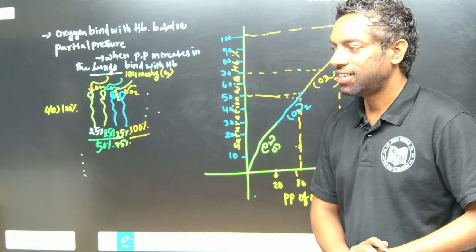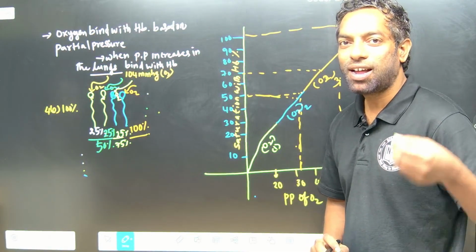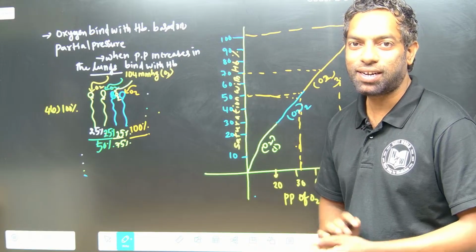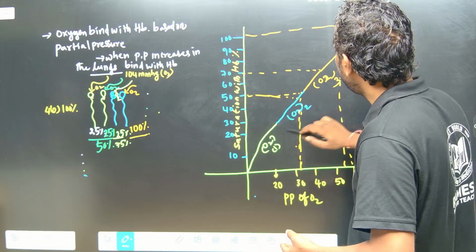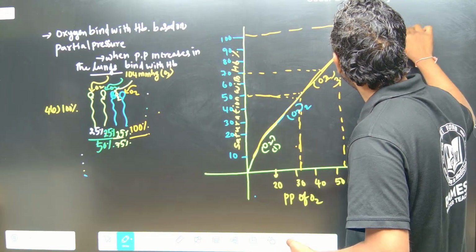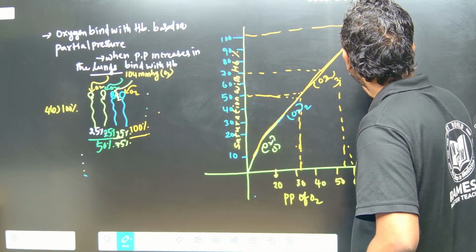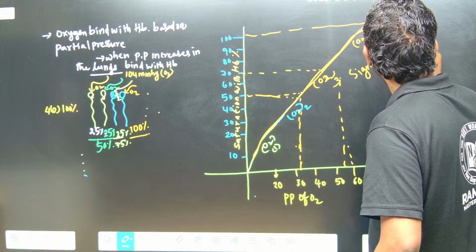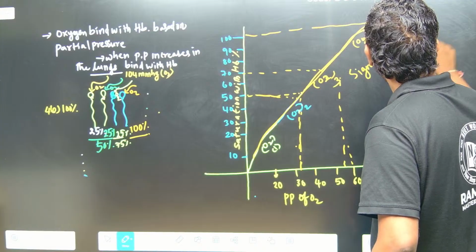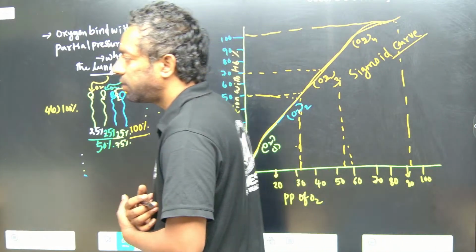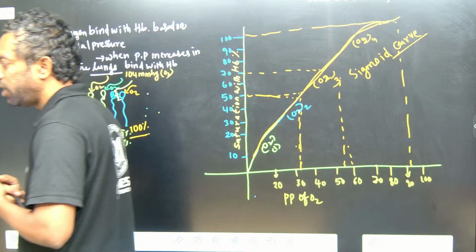Got it? I hope you are clear on this. You understand what the oxygen dissociation curve is, which is a sigmoid curve. Guys, just listen carefully.